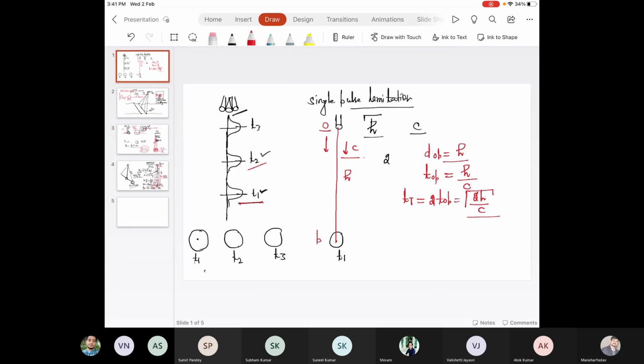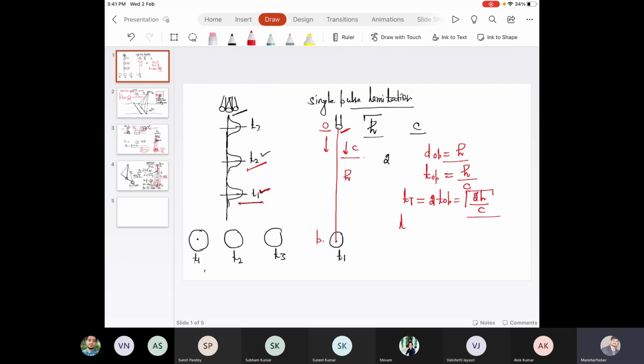Is it clear? If it is not clear, let me know, because now we are building the fundamentals. Meaning is that when this pulse T1 is fired, it will take 2h by c time to travel from O to P and then back to O. And this is the minimum time that will be needed by the transmitter before firing the second pulse T2.